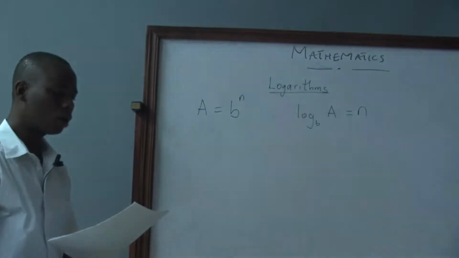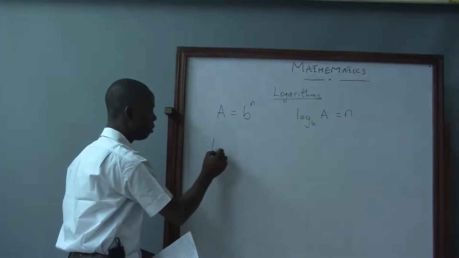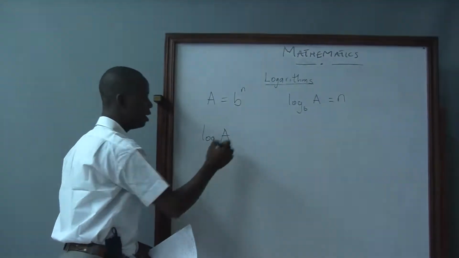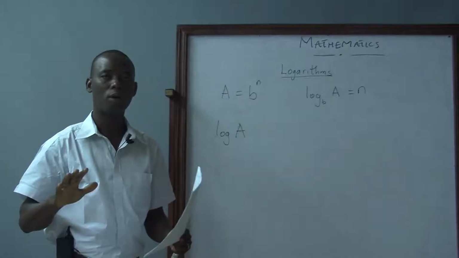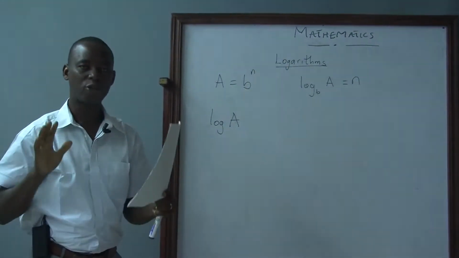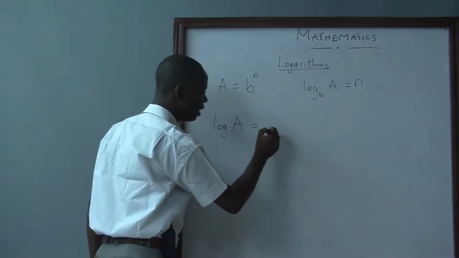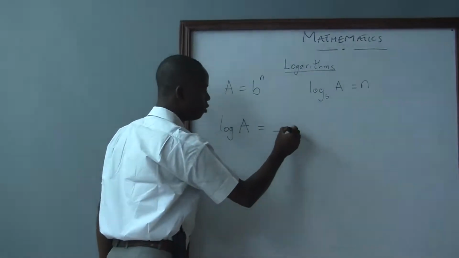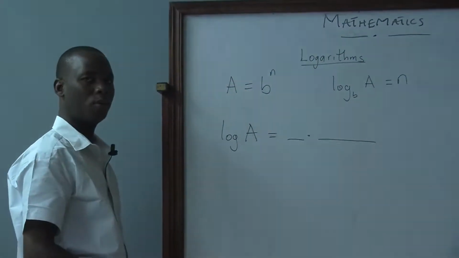For us to find the log of a number, let a be any number, there are some certain things that we need to know. There are always two parts to our result. Log a equals the first part, dot, this other part. I will define them one by one.